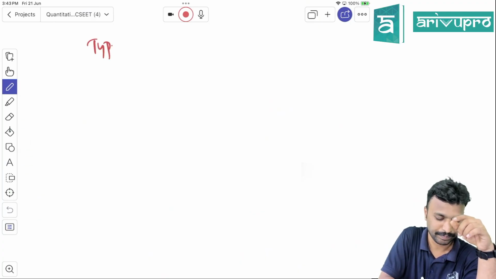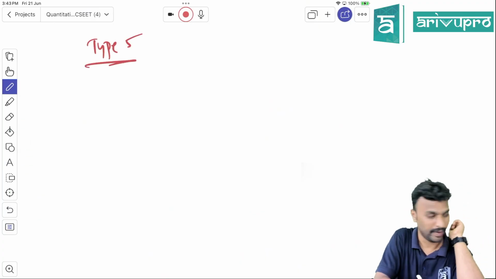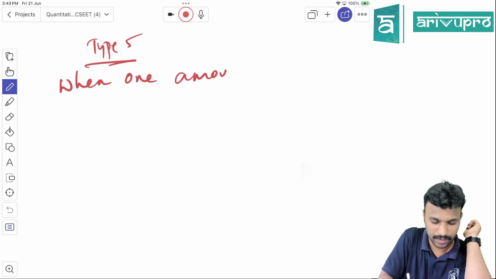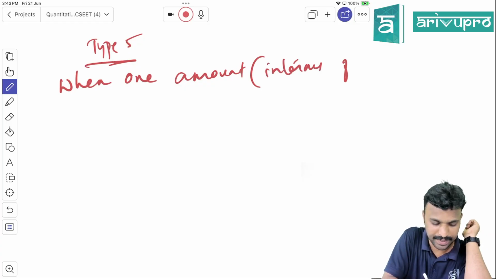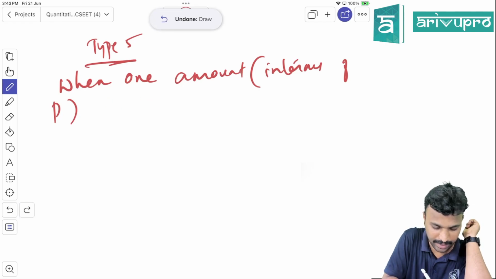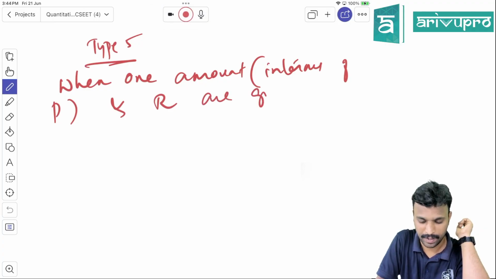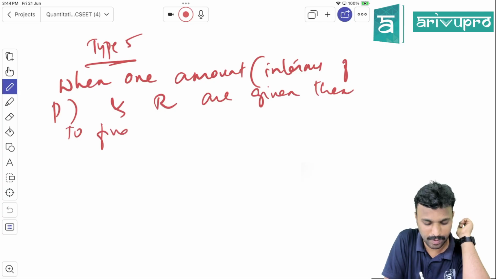Type 5. When one amount in terms of principal and R are given. What is R? Rate of interest. Are given, then to find time.